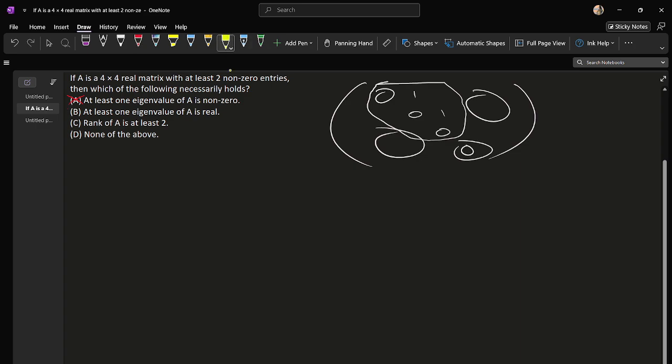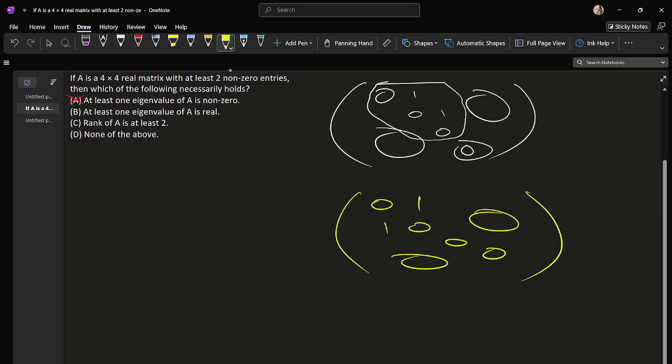Okay. So let us construct a matrix that will be easier to think about. If we take this matrix 1 1 0, and then 0 1, and all the other terms are 0, then what will happen?